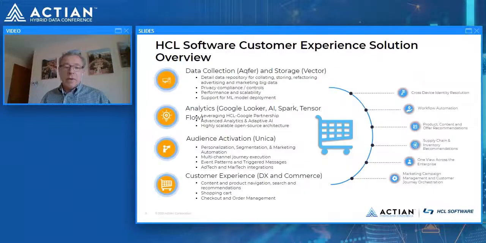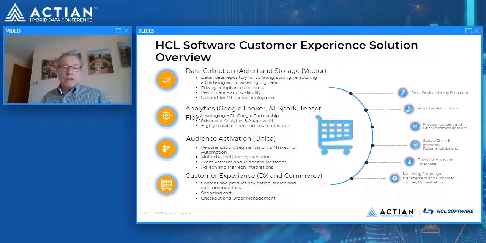There are multiple vendors out there in the CDP segment or CX segment that deliver some functionality across all those functions and features. HCL Software took a best-of-breed approach when providing solutions for the customers in the area of customer experience platform.